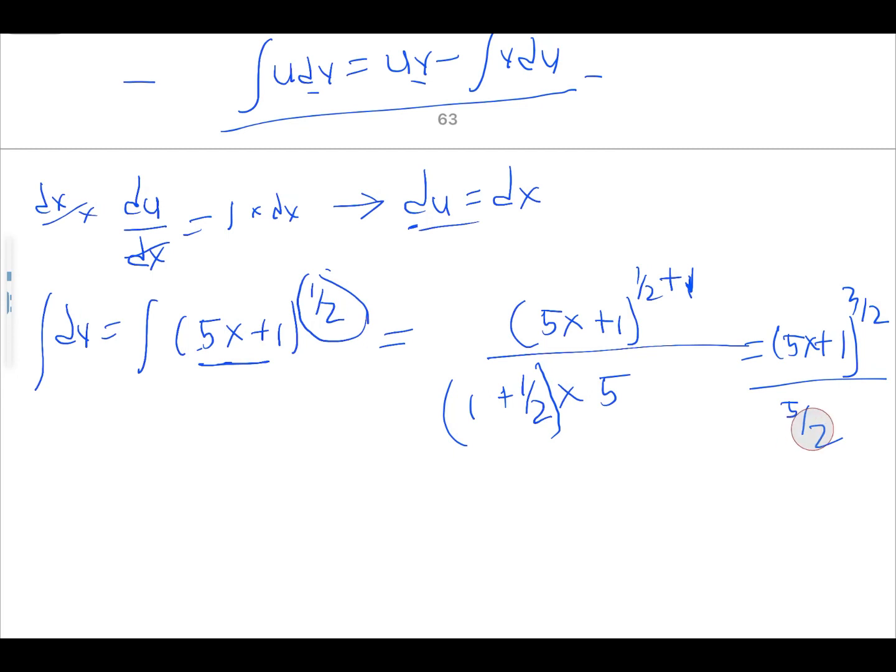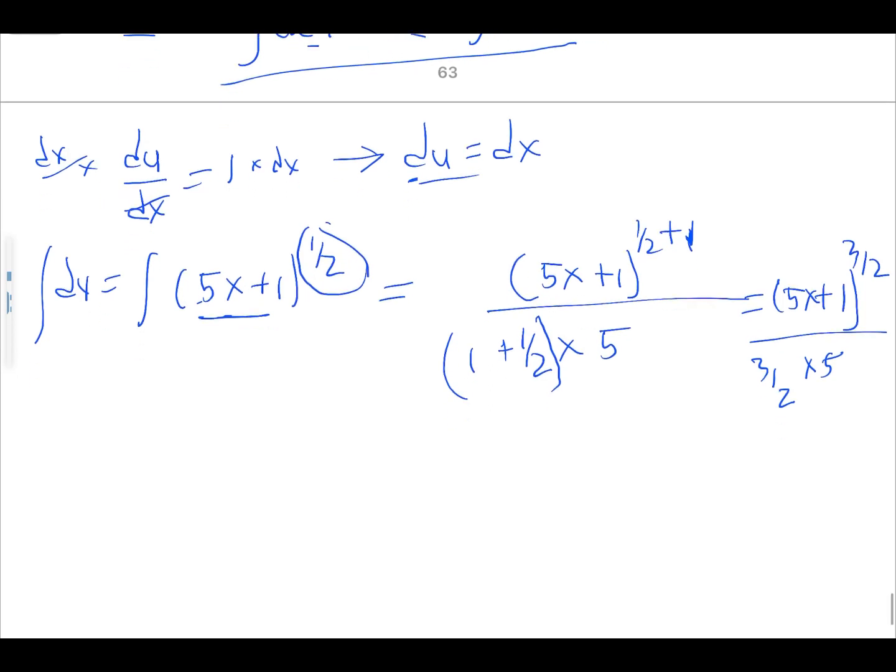So here we are supposed to get, I made some mistake here. So here we are supposed to get 1 over 3 on 2 plus 1, and here it is supposed to also be the same: 1 over 2 plus 1, times 5. So at the end of the day, you are going to get 3 on 2 times 5, and the whole function itself is also power 3 on 2.